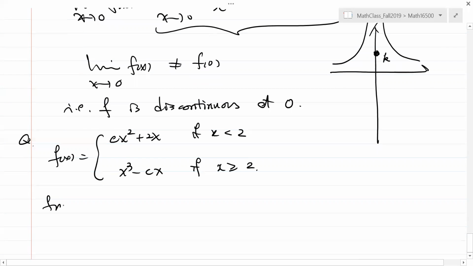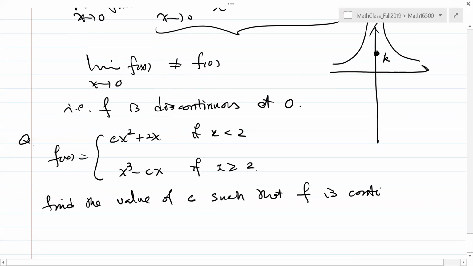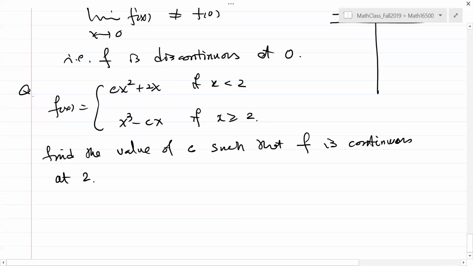Find the value of c such that f is continuous at 2. Okay, so the function is two pieces here.